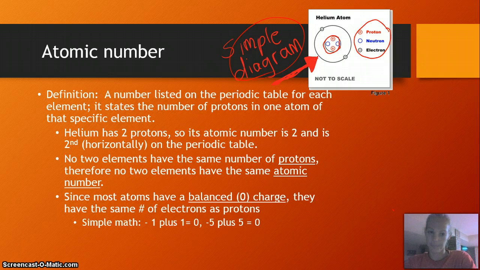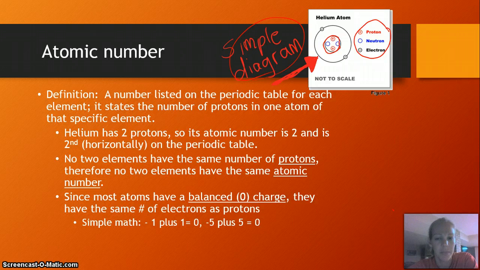The atomic number. And this is a number listed on the periodic table for each element, like we stated in the last slide. It states the number of protons, which is something new. That's a new piece of information for you. So, how we said that hydrogen has the number 1 listed with it, it tells you that it has 1 proton.